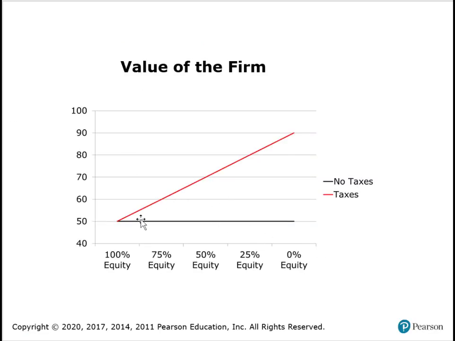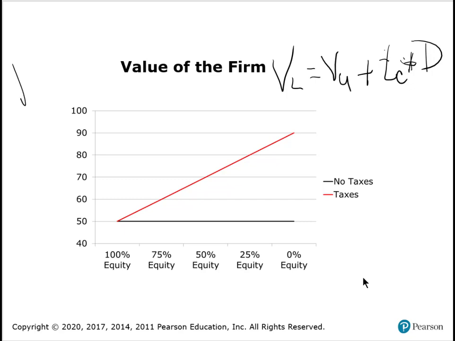So again, our new graph here shows that the value of a levered company, V sub L, equals V sub U plus T sub C times D. So again, as we increase debt, this particular theory, let's just call it Modigliani and Miller with taxes, increases value by T sub C for every dollar of debt.